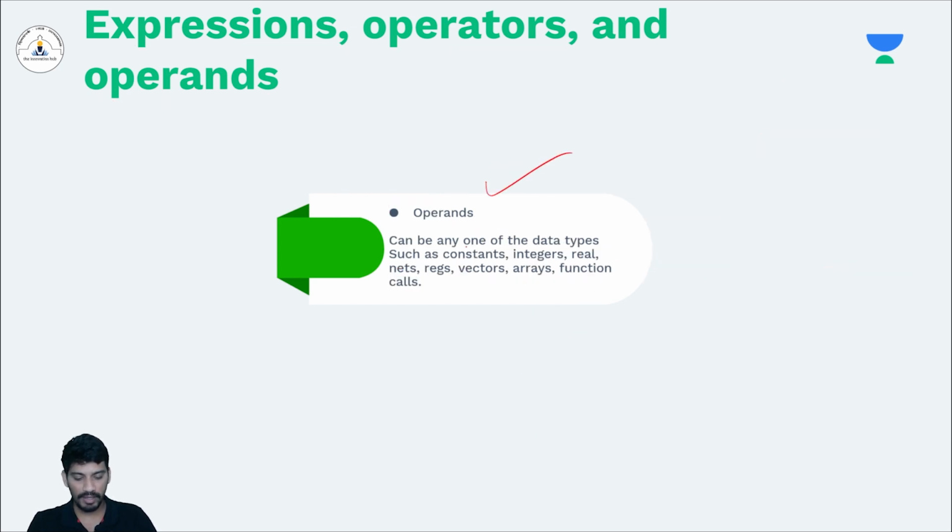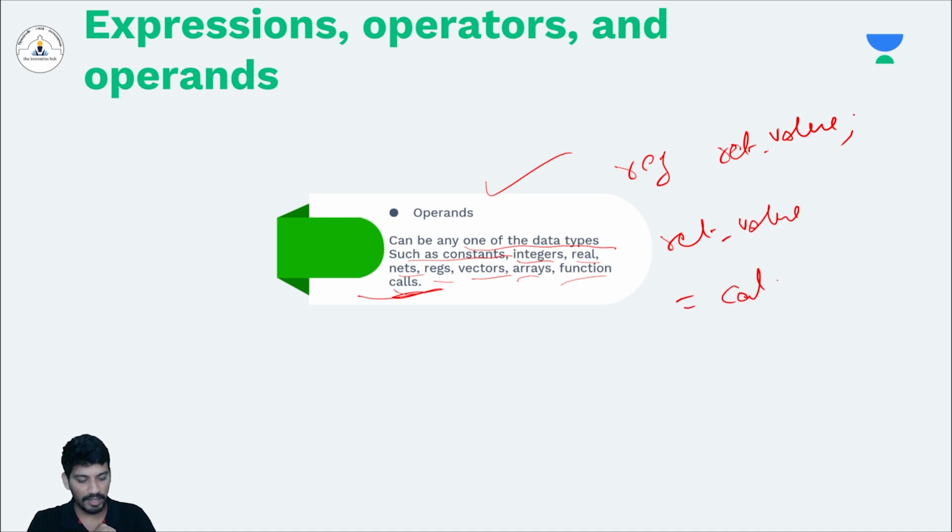An operand can be any kind of data type such as constants, integers, reals, nets, registers, even vectors, arrays, or even function calls can be used as operands. What I mean is, if you want to have a register, ret value, this is my variable, and if you want to have a function call as an operand, you can do it like this: my ret value is equal to calculate_my_odd_parity.